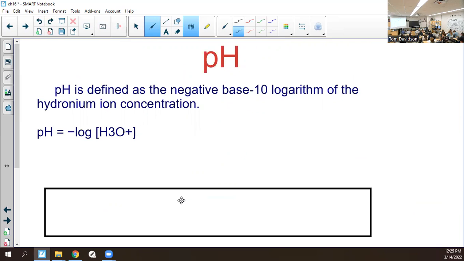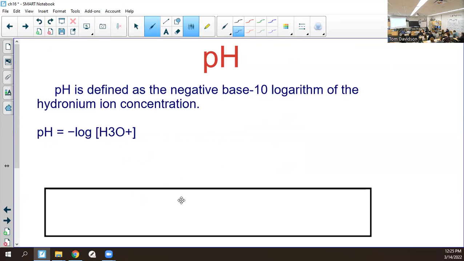So here we go. pH is defined as the negative base 10 logarithm of the hydronium ion concentration. This is stuff you've done in math, whatever you're in now. You've probably done logs in the last 2 months. Usually it's the end of the class.